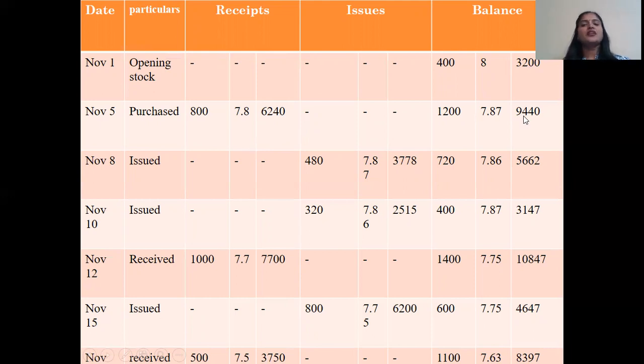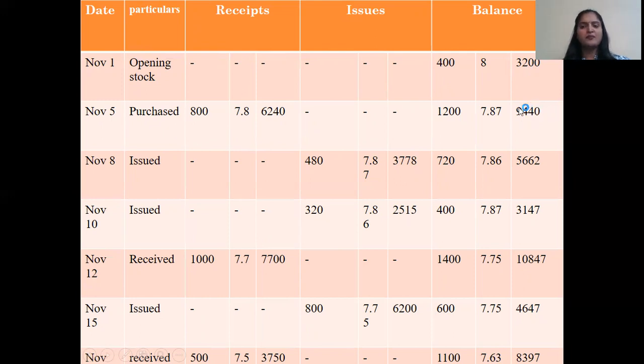Immediately after the balance, 400 plus 800 gives 1,200, and adding 3,200 plus 6,240 gives us 9,440.